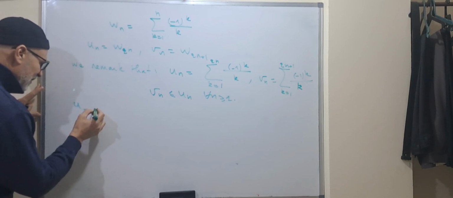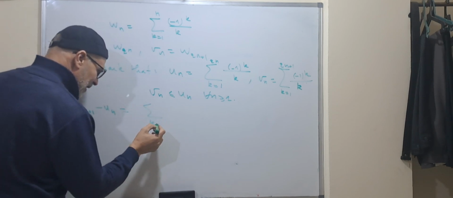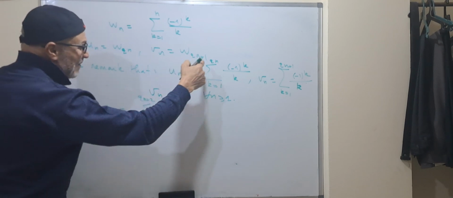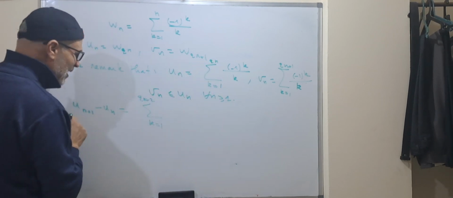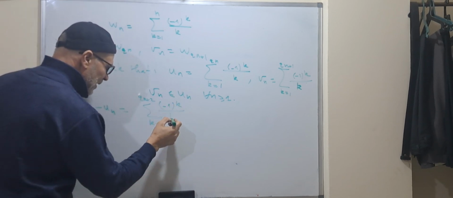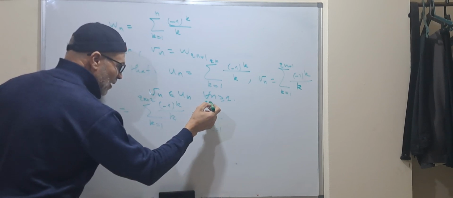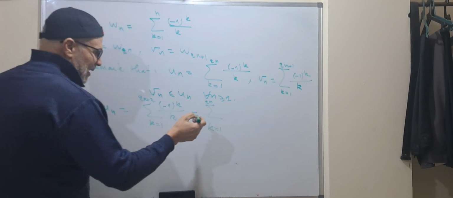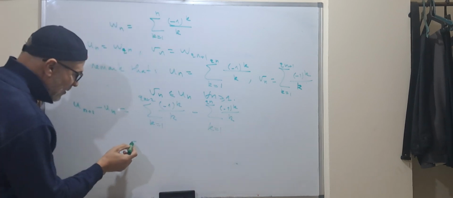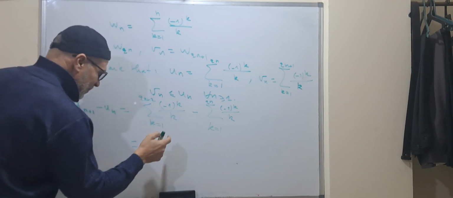u(n+1) minus un is equal to the sum from k equal 1 to 2n plus 2, where we replace n by n plus 1, of (minus 1) power k over k, minus the sum from k equal 1 to 2n of (minus 1) power k over k. In the difference between them, we keep two elements.